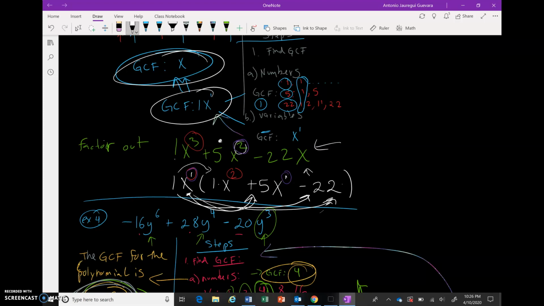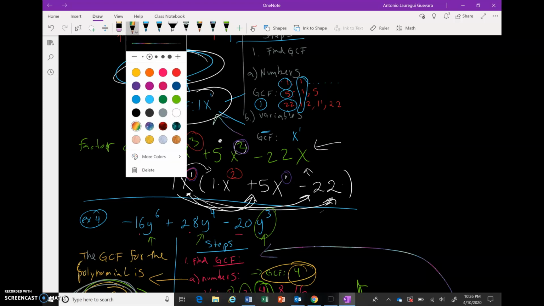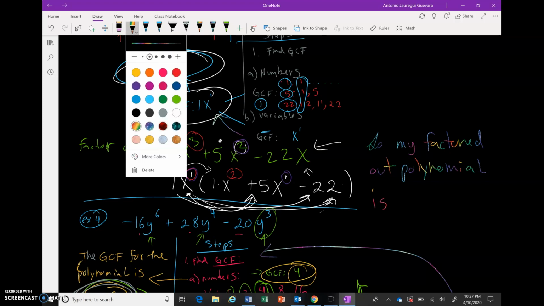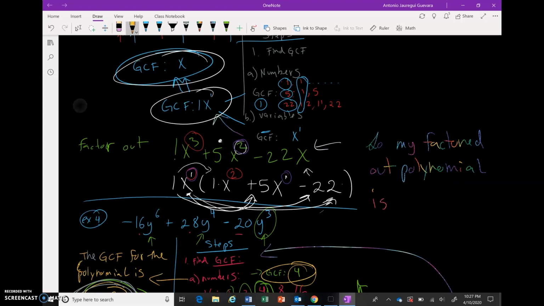Okay, so my factored out polynomial is 1x times 1x squared plus 5x minus 22.